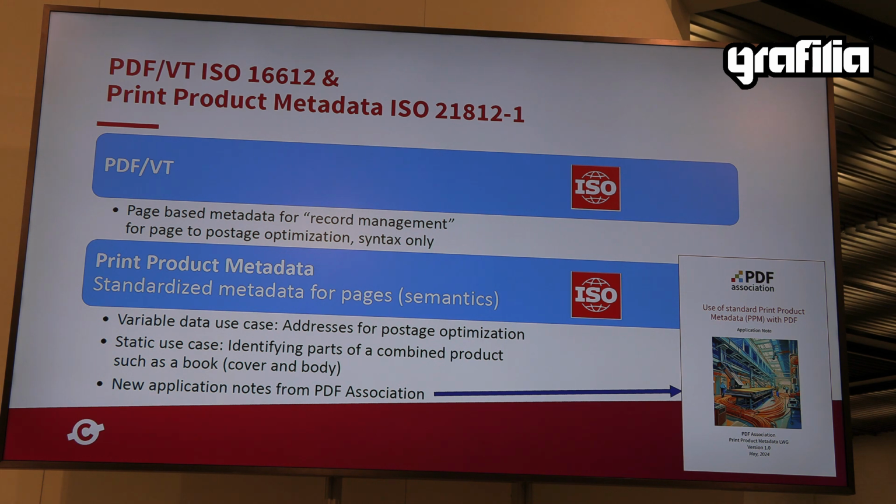So still, someone could say, I use zip, and the other uses a German Postleitzahl. And that is where print product metadata kicks in. That standardizes address information so that you can use it in a PDF file.